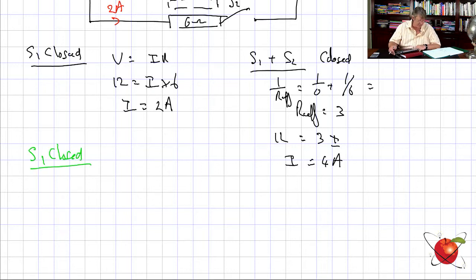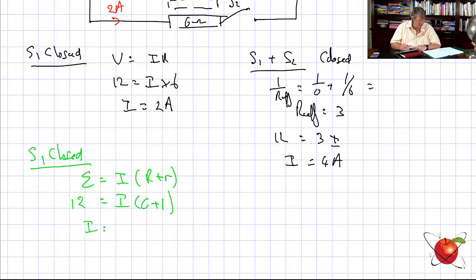If S1 is closed, EMF is equal to I(R plus little r), which in this case is 6 plus 1, and that is going to be 12. So I is going to be 1.71 amps, because this is my R load circuit and this is my R internal, or lost.